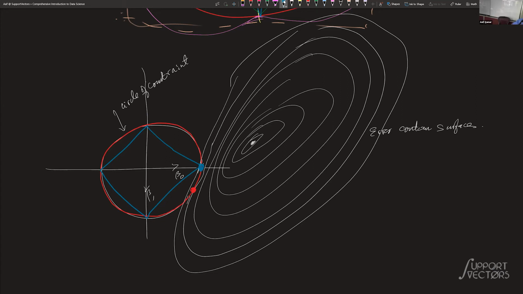For the diamond, for the blue, for the Manhattan distance, the optimal point happens to fall on the axis. For the L2 norm, it happens to be somewhere else. Is this obvious, guys, from this picture? Yes. Right. I'm not very good at drawing, but this is actually true, even though I fudged here, it's almost always true.